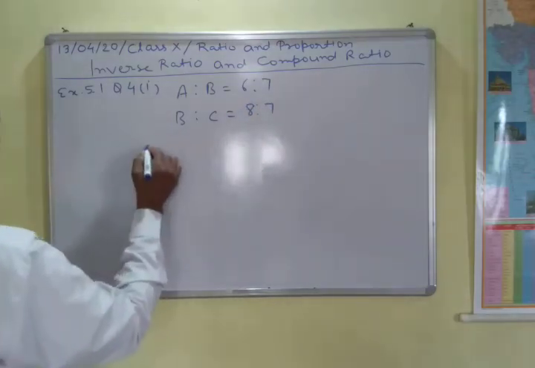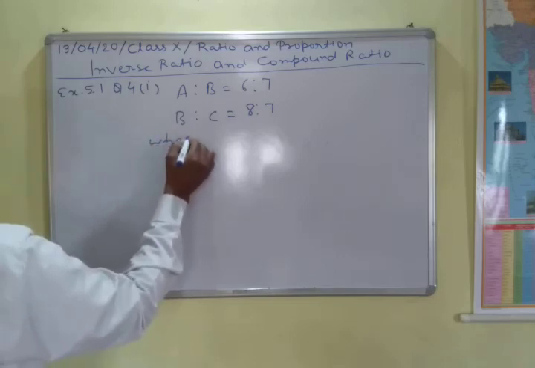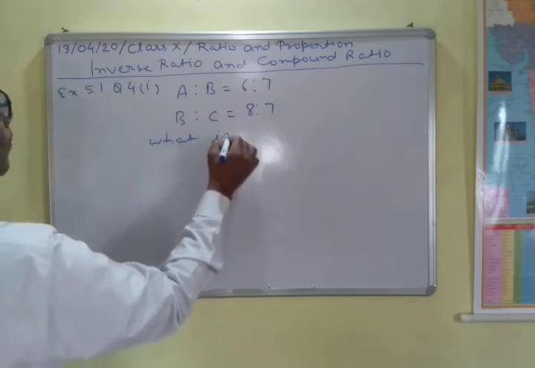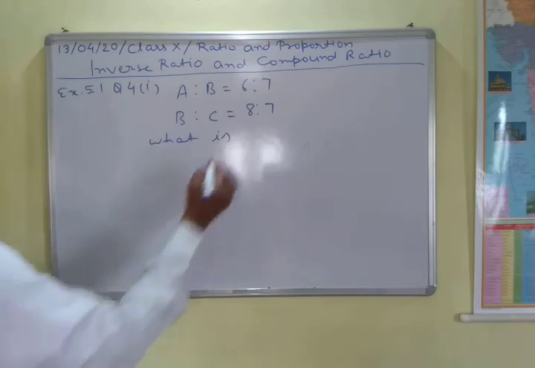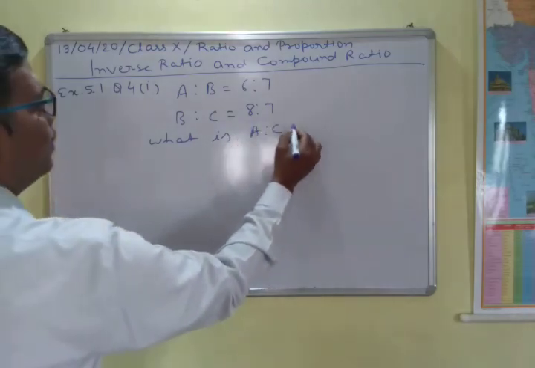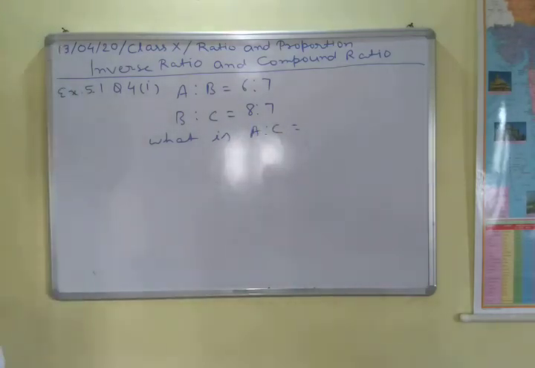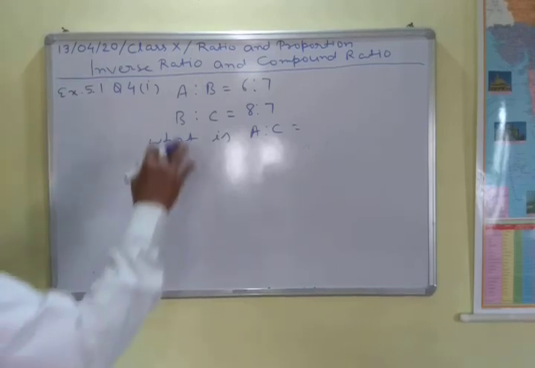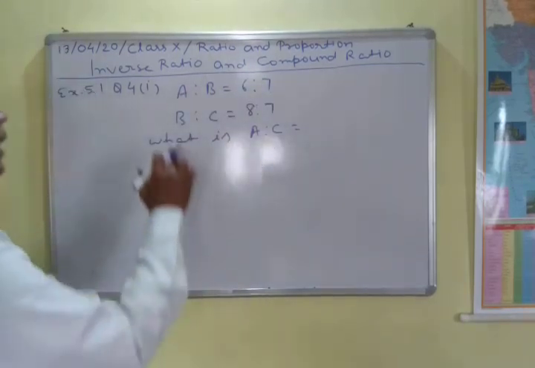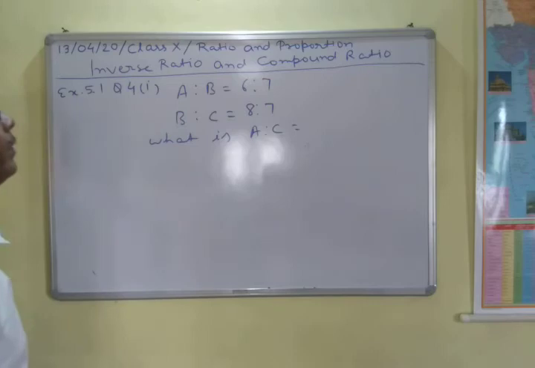Then find out what A is to C. So in this, A is to B equal to 6:7 and B is to C equal to 8:7.